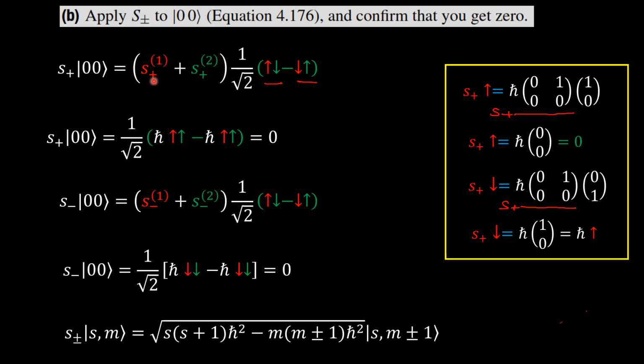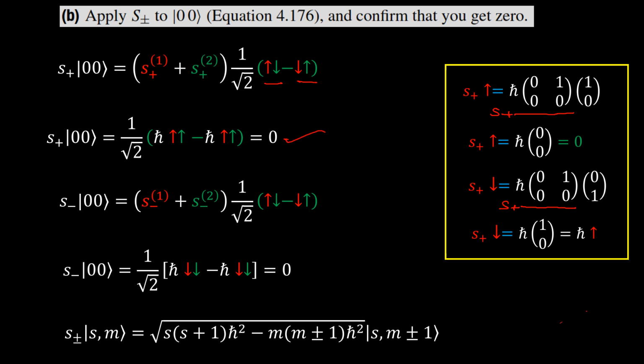Only for the red color, this spin down of electron will go to spin up with multiplicative factor of H cross. So which will be H cross spin up minus H cross spin up, which will be 0. So we have proved it.